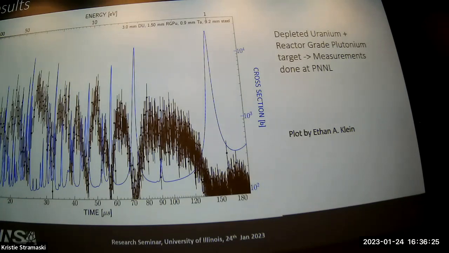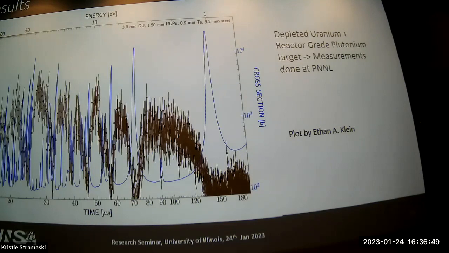But if there is a strong resonance present, you will still see it, as long as neutrons are reaching your target and are able to come out of it. If it's a strong resonance, you will still see some signature there.